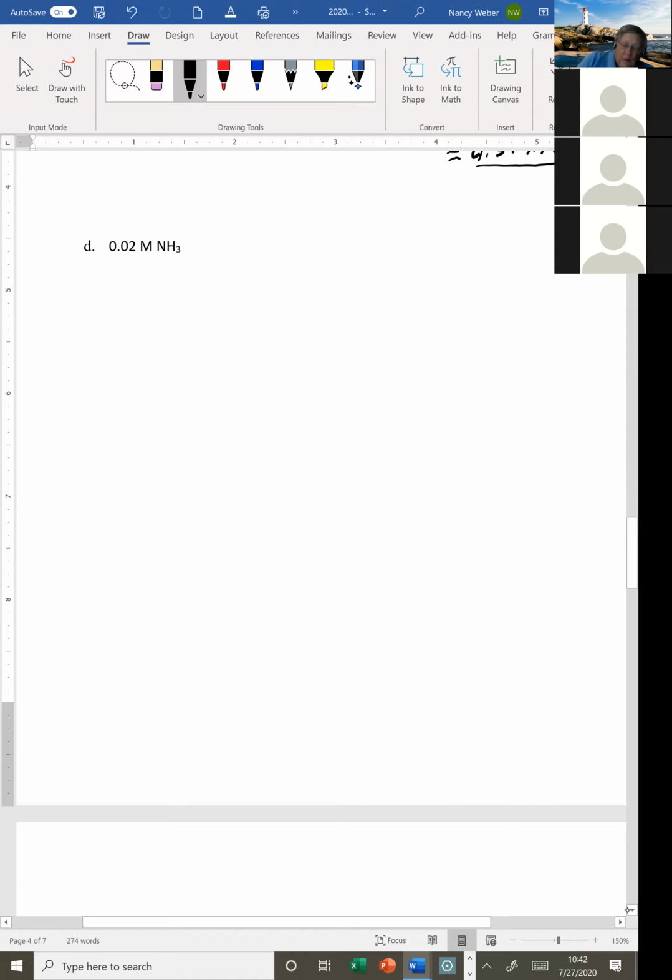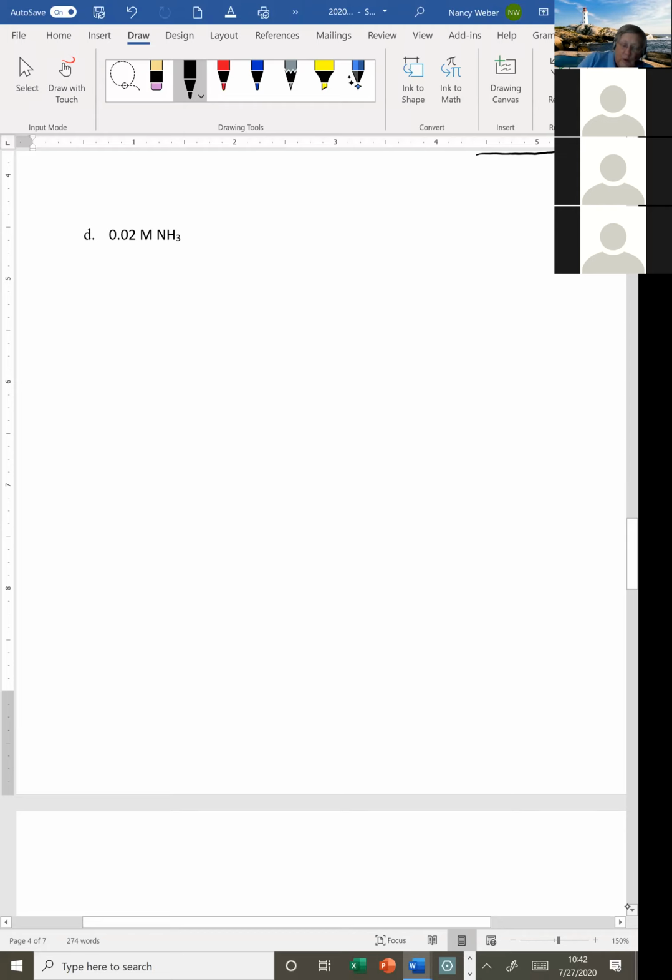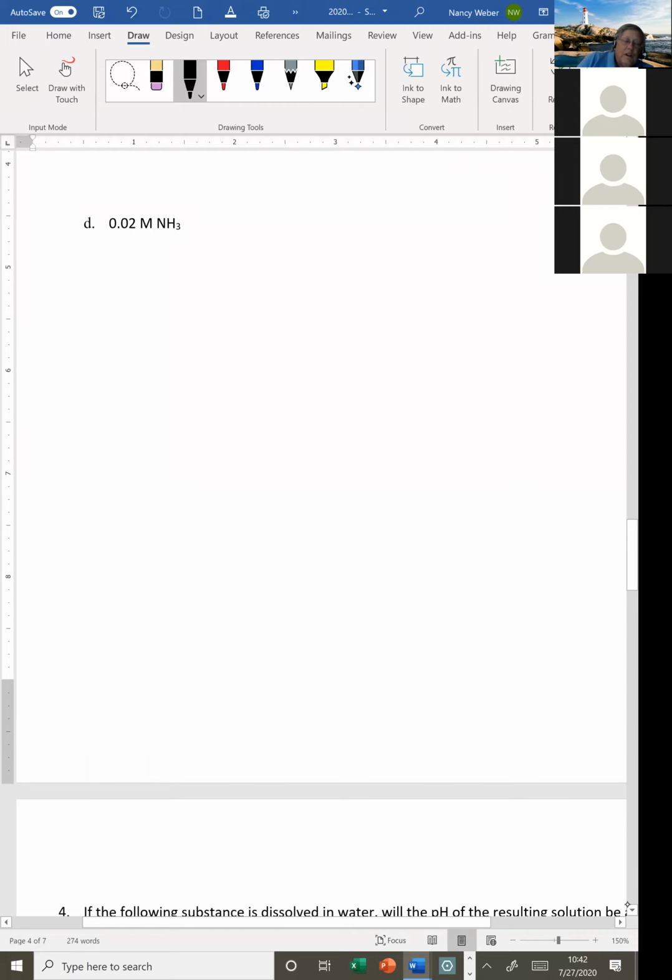Okay, the next problem, I've got 0.2 molar ammonia. Strong or weak? This is another weak base because it's not on the list of strong bases.